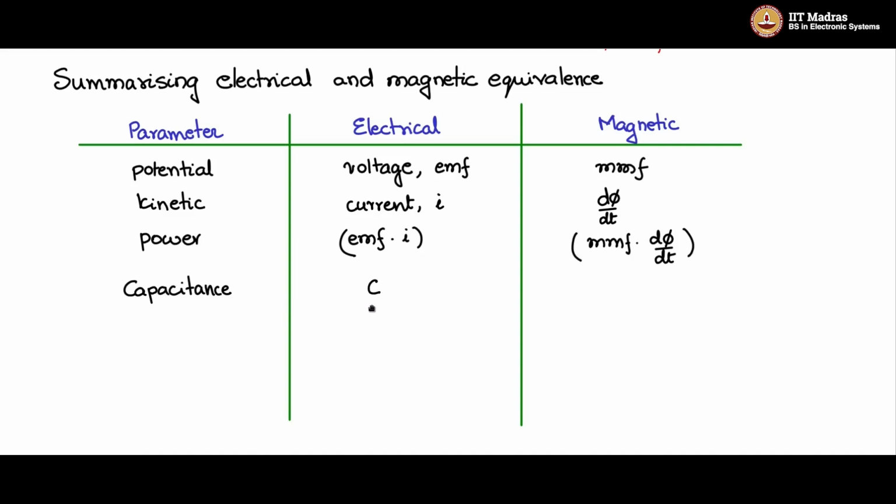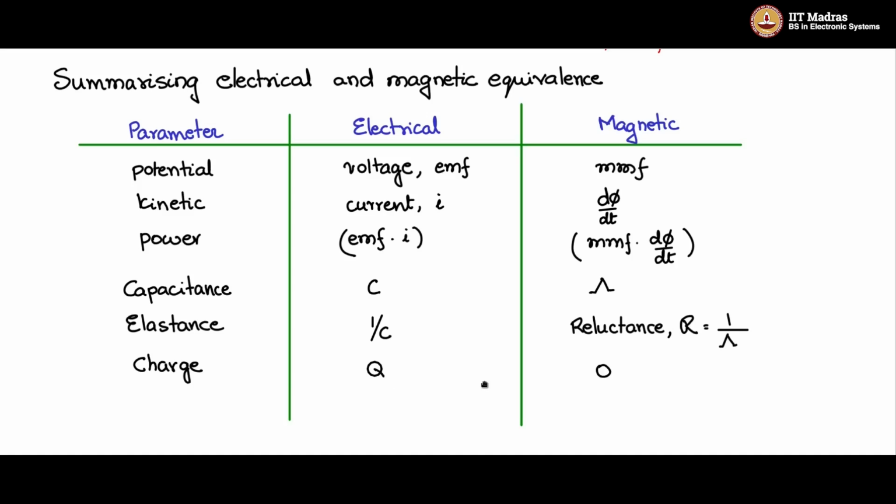Capacitance in the electrical domain is C, and in the magnetic domain it is permeance. Elastance in the electrical domain is 1 by C, and in the magnetic domain it is called reluctance R, which is 1 by permeance. Charge in the electrical domain is Q, which is the integral of I dt. Here it is phi, flux. In energy you have half C V square.